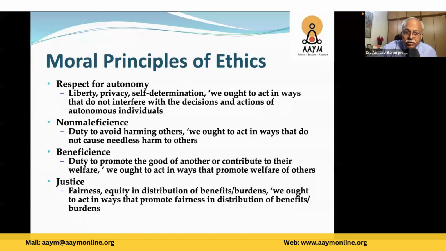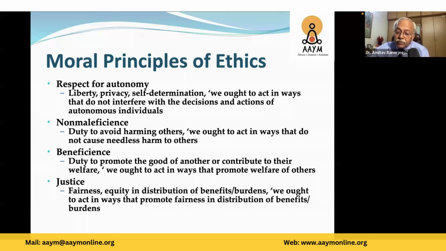Sometimes autonomy also includes, and I'll give some examples here, where there can be a clash of principles. Autonomy also means that the participant or patient has the right of confidentiality. If you come to know something about the patient, you are not supposed to disclose it to others, besides consent. But sometimes there may be a clash.